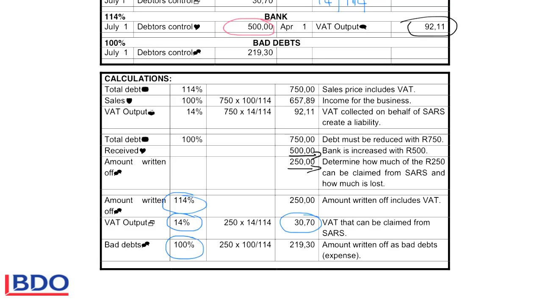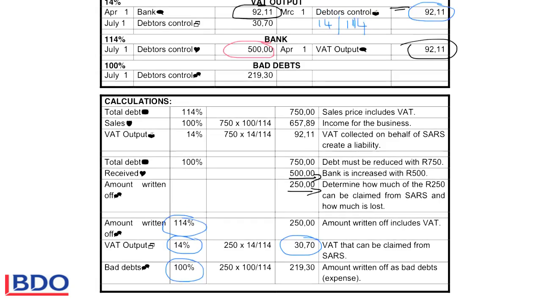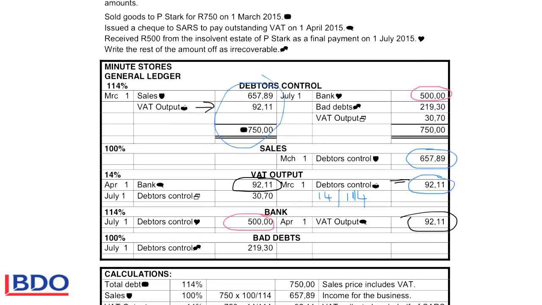When we record this entry, we will have a look at the ledger and see how we have to record this. So we will go to the debtors control and show that the debtors must be decreased with the total bad debts and the VAT that was not collected from the debtors. So bad debts account will be debited with 913 Rand and 30 cents, and the debtors control will be credited to show that they don't owe that money.